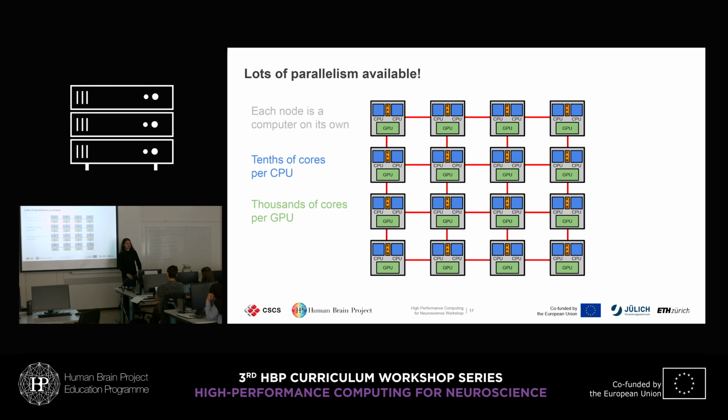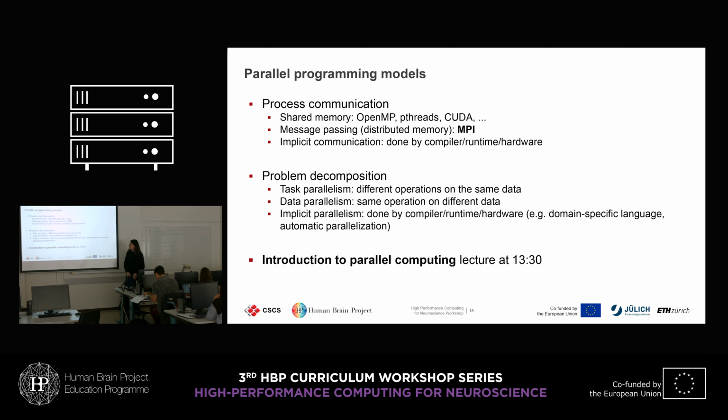That's a good question, and that's what parallel programming is all about. We have to think about how to apply our problem to such an architecture, and we have to think in basically two big areas. The first is how the different processes are going to communicate between them. The second is how we are going to decompose our problem.